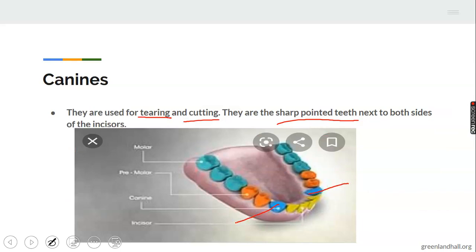They come after the incisors. You can see the incisors right here in front. Then we have the canines, which are blue in color. One on this side, one on this side. The same thing too to the upper teeth. We have one on the right side and one on the left side of the incisors.